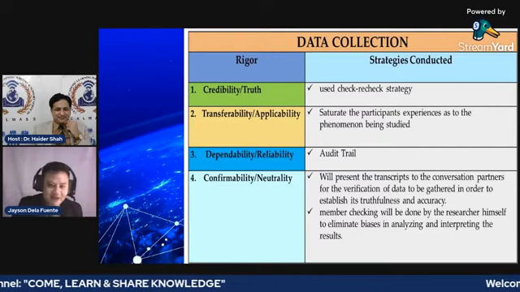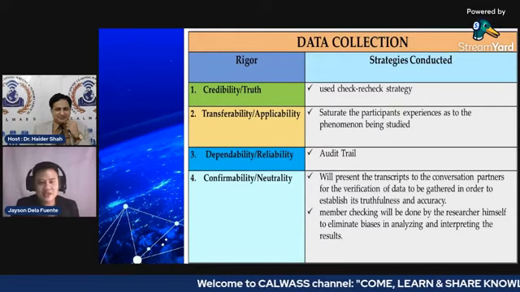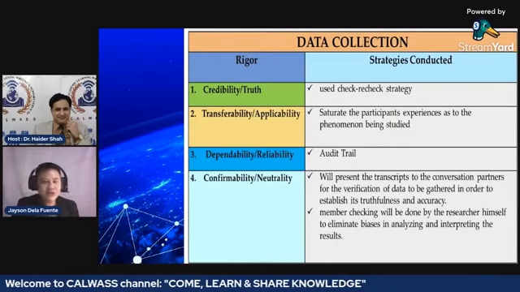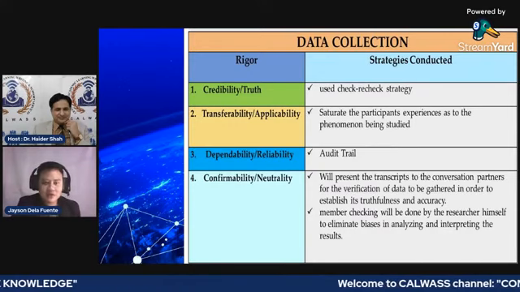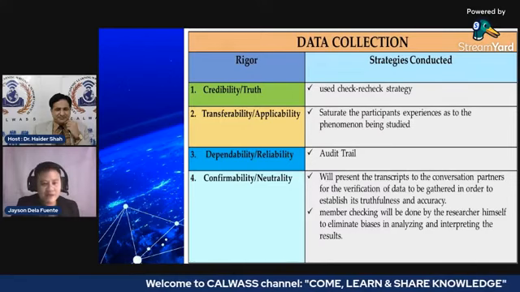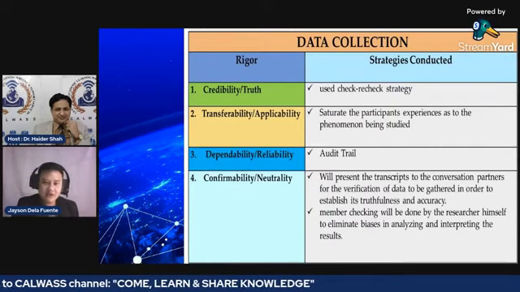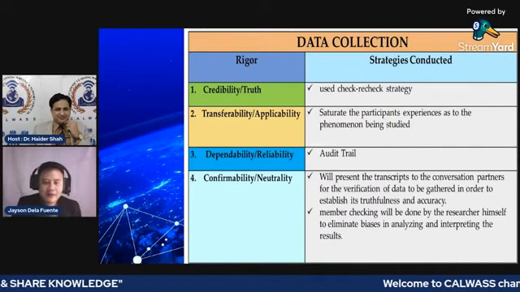But there are also a lot of other reliability techniques in qualitative research. Other than the audit trail, we do member checking. We return the transcript of our result to our participants, and they are the ones who confirm and validate that it is true. Meaning it is reliable because they do the checking. The last one is confirmability and neutrality.